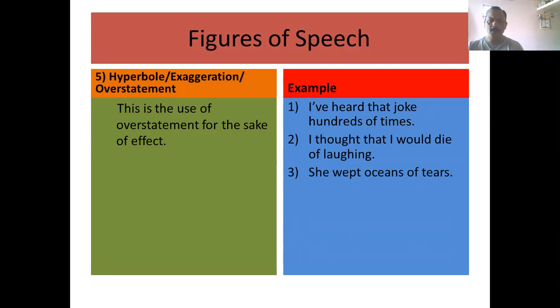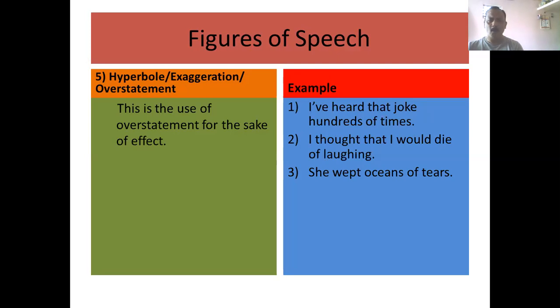Another example is there: she wept oceans of tears. The tears that roll down from our cheeks, how can they become oceans? Or is it as much as the ocean's water is there? But the poet has imagined like this, and because of that, she wept oceans of tears.